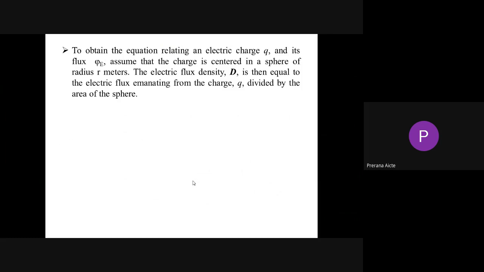Cartesian coordinates, also called rectangular coordinates, use x, y, z, whereas cylindrical coordinates use the parameters rho, phi, and z. In spherical coordinates, the terms are r, theta, and phi.